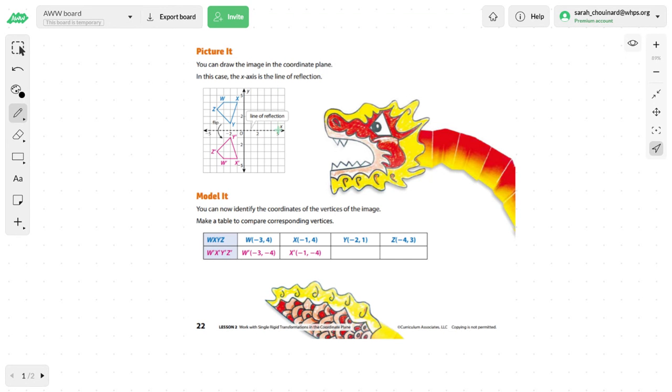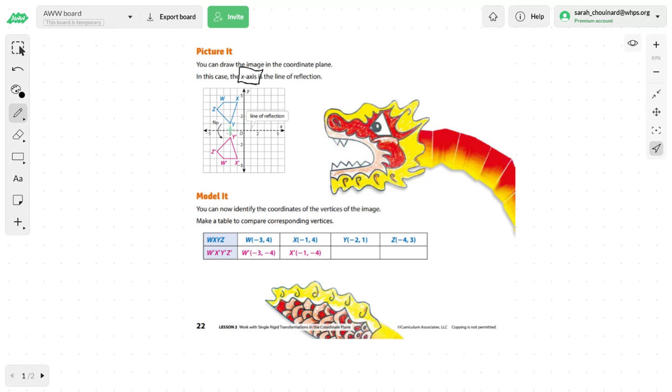So on the bottom of the page, they reflected over the x-axis. So this is an x-axis reflection. Notice that when you reflect over the x-axis, y and y prime, its image, are the same distance from the x-axis.